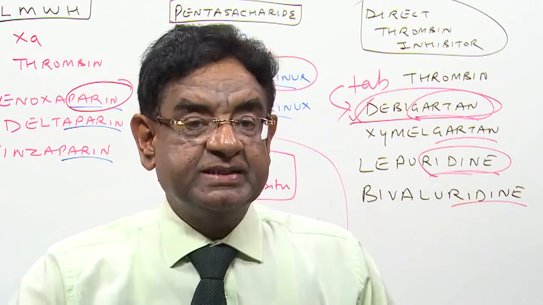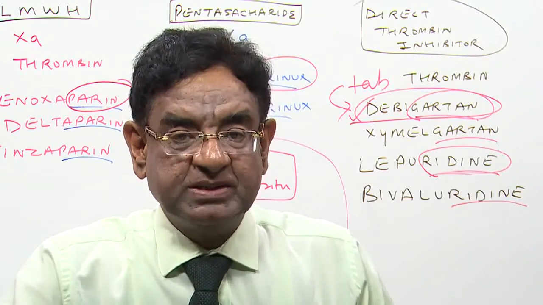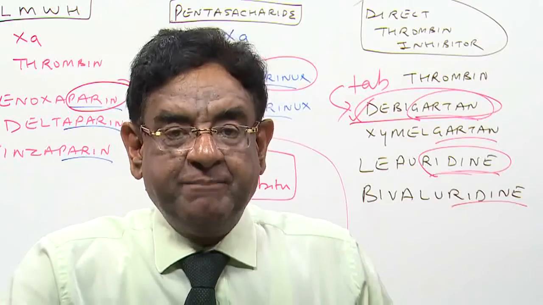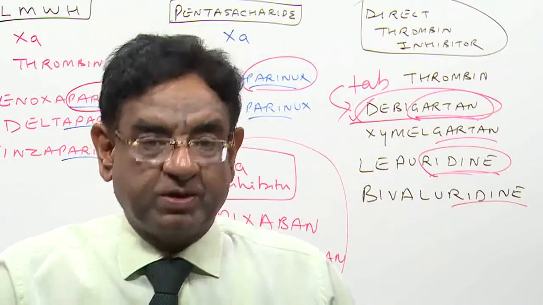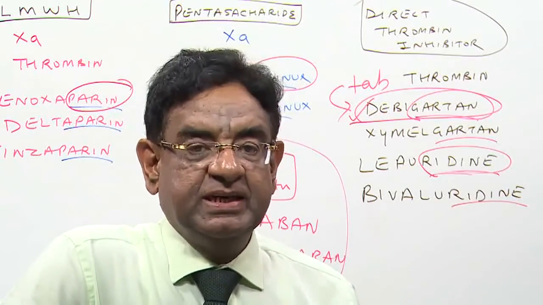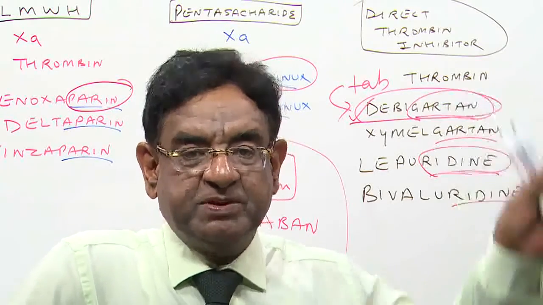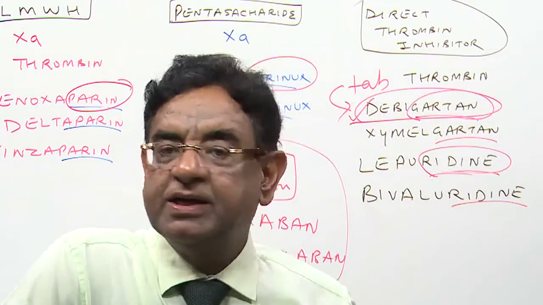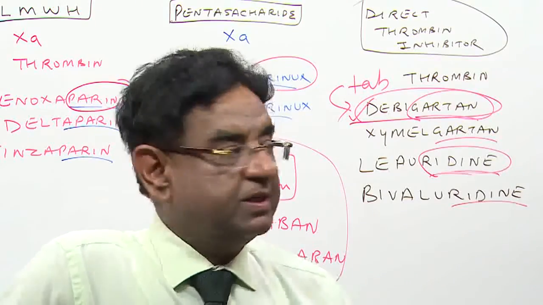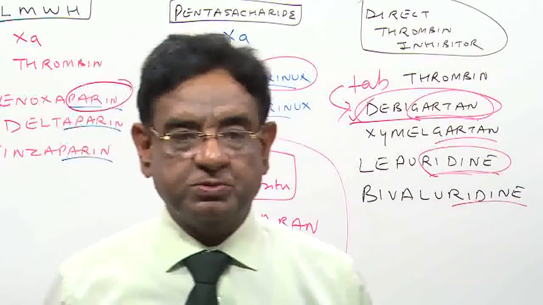But the examiner wants to know whether you know the latest advances or not. If you happen to read my Medicine Essence book, it contains at least 95% of the material I taught you in the last lecture and this lecture.